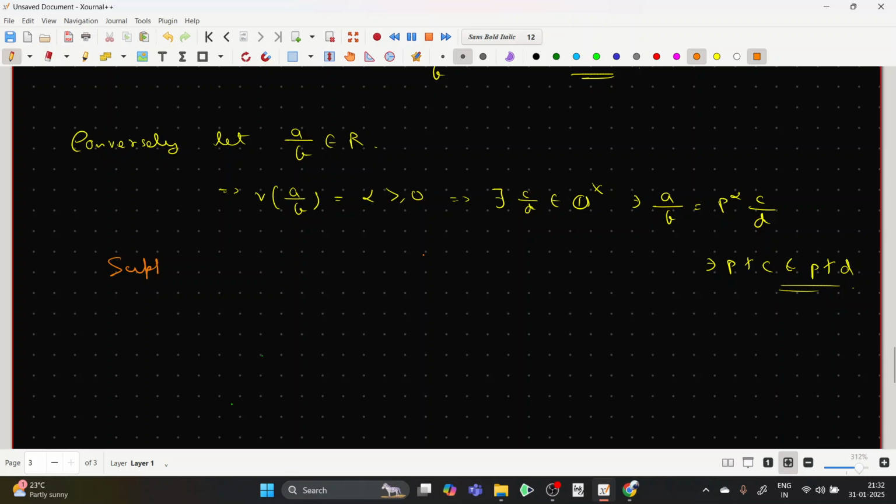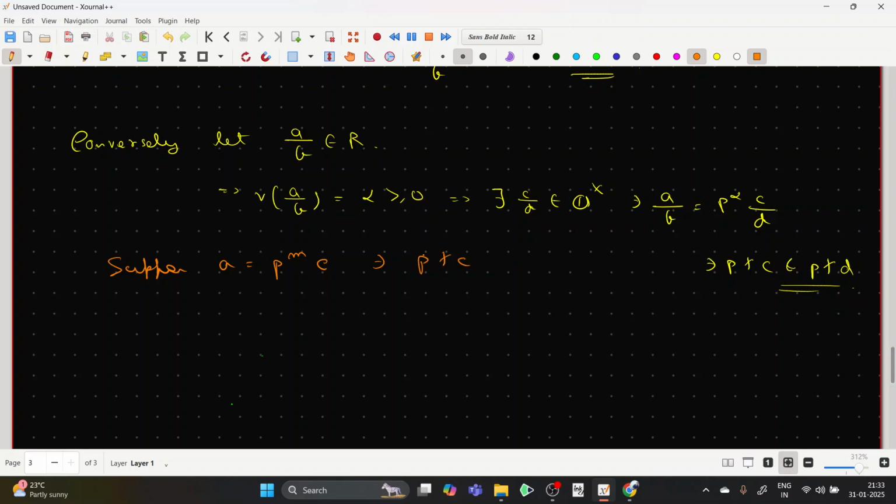Suppose A is equal to P to the power m times C, such that, so I'm doing the same thing. I'm factorizing A in terms of P. Now obviously M can be 0 as well. I'm not restricting that P will always divide A. If P does not divide A, then M will eventually be 0. So I can do this such that P does not divide C.